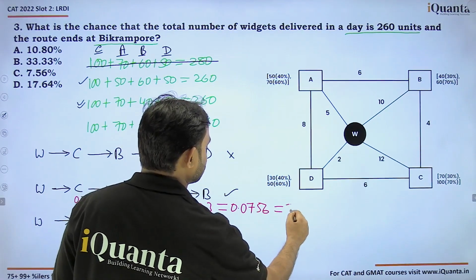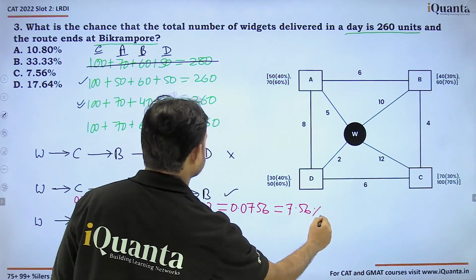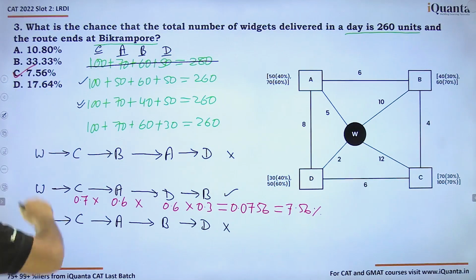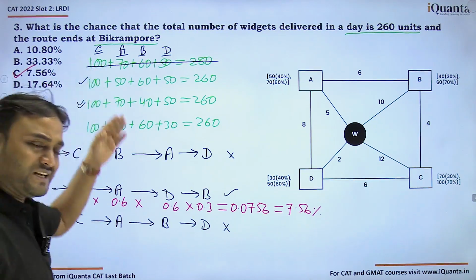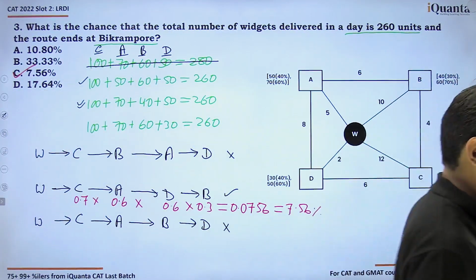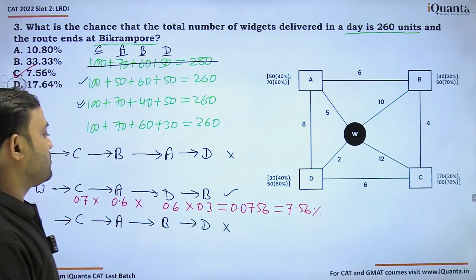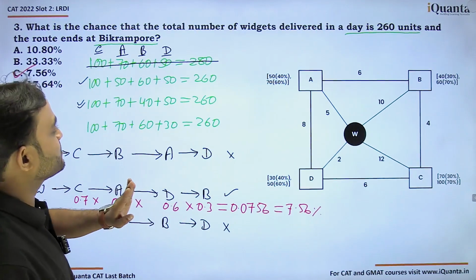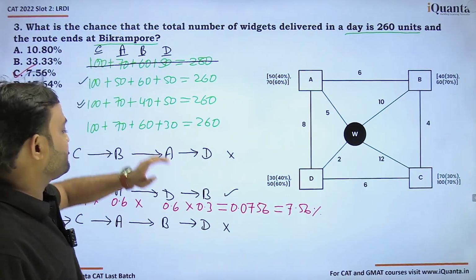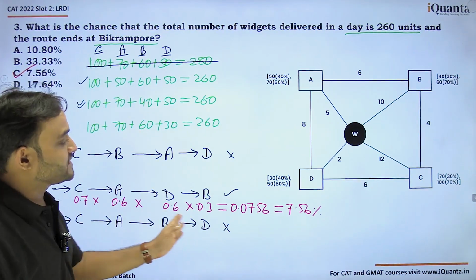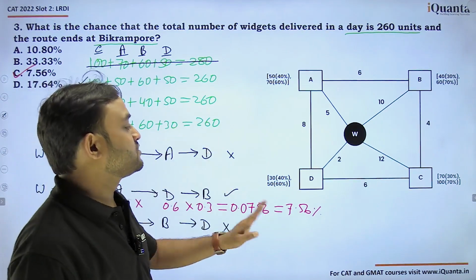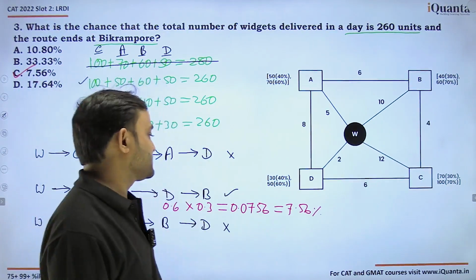In percentage, this will be 7.56%, which is option C. So we got 3 cases where total units delivered will be 260, but in only one case the route ends at Vikrampur, and so the chance of delivering 260 units will be 7.56.